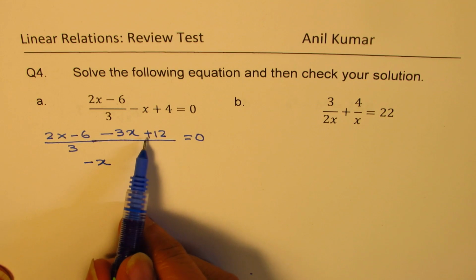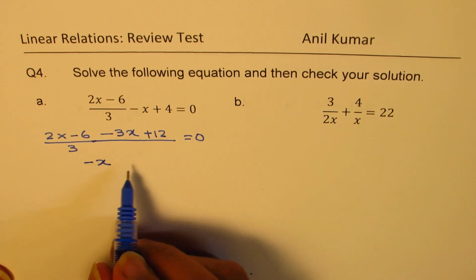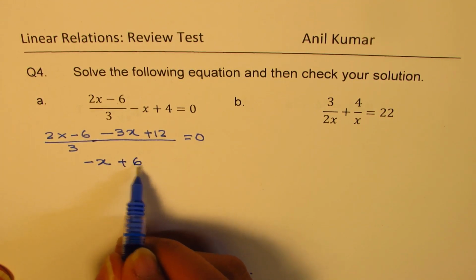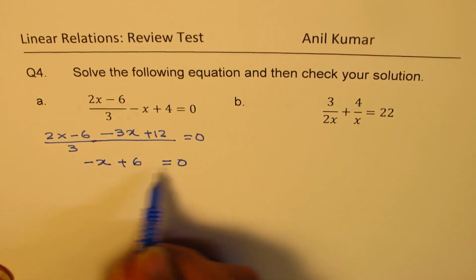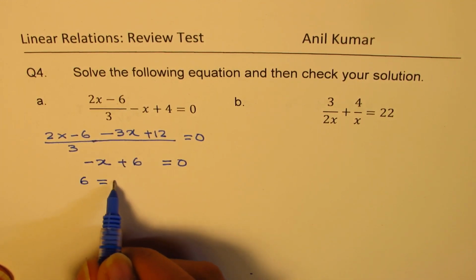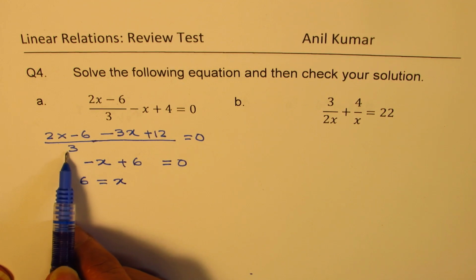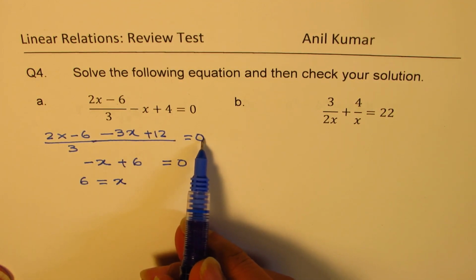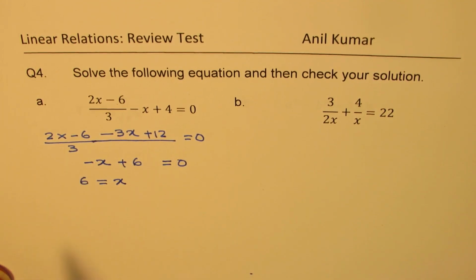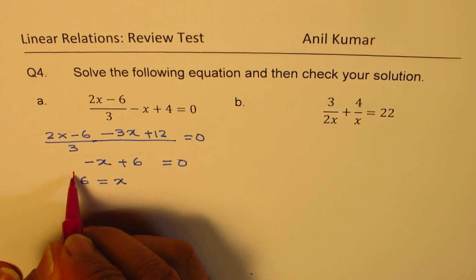And minus 6 plus 12 is plus 6 equals to 0. Okay? So that gives you 6 equals to x. Now 3, when you cross multiply with 0, it becomes 0. So we have got rid of this 3. Do you see that? So we get x as equal to 6 in our answer.